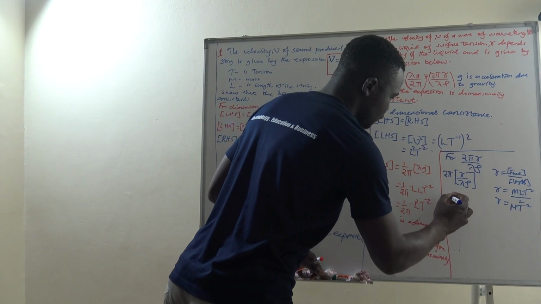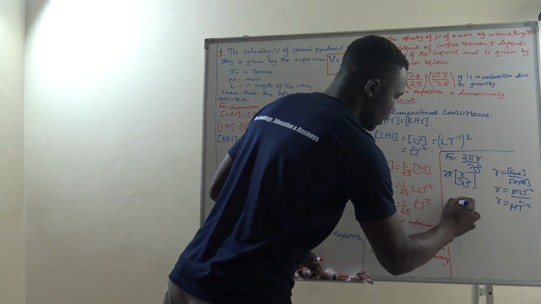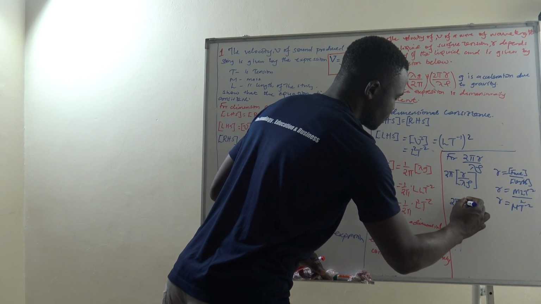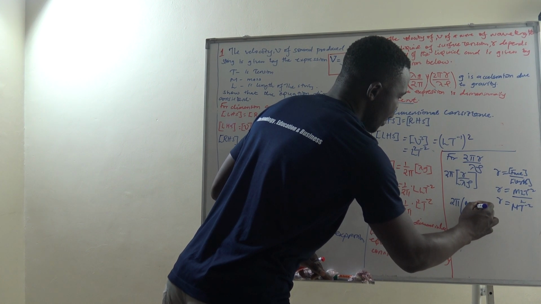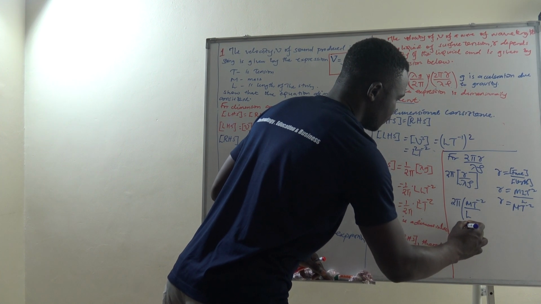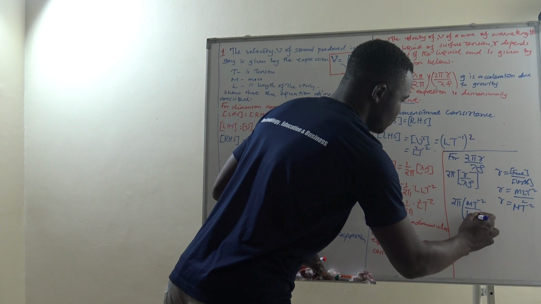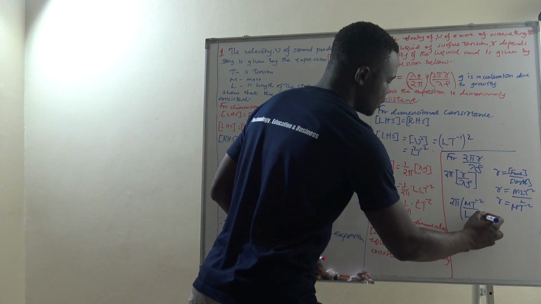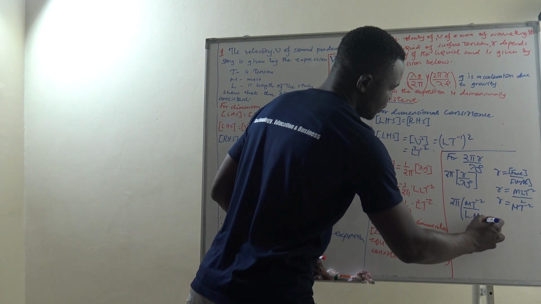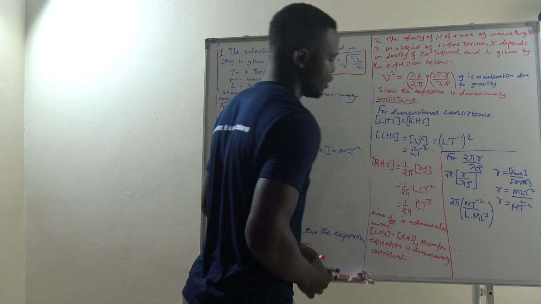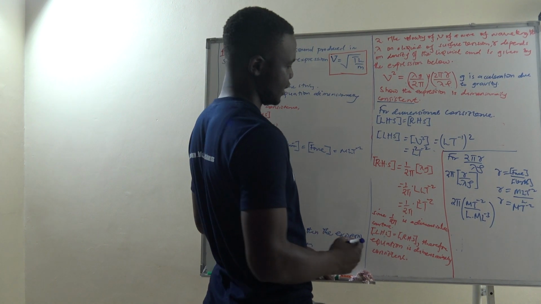We come to our expression. This becomes now 2 pi into the dimensions of surface tension, which is m per t squared, divided by the dimensions of length times the dimensions of density. Density is mass per unit volume. So this is m, which is dimensions for mass, and the per unit volume, which is times L to the power minus 3.